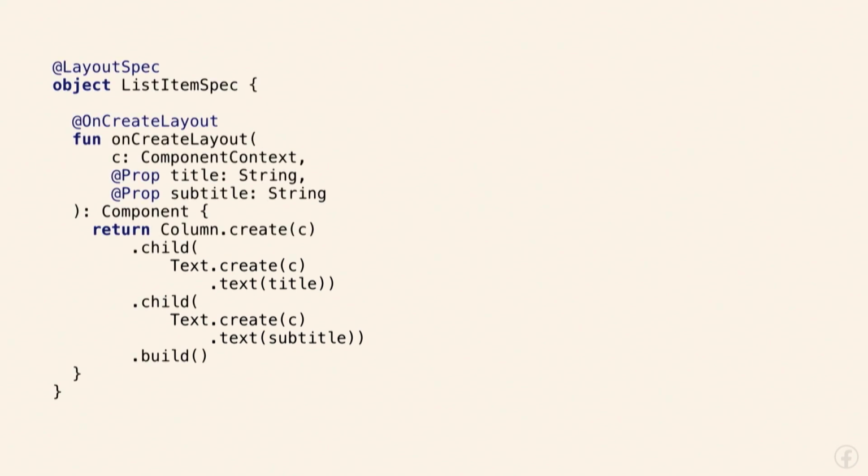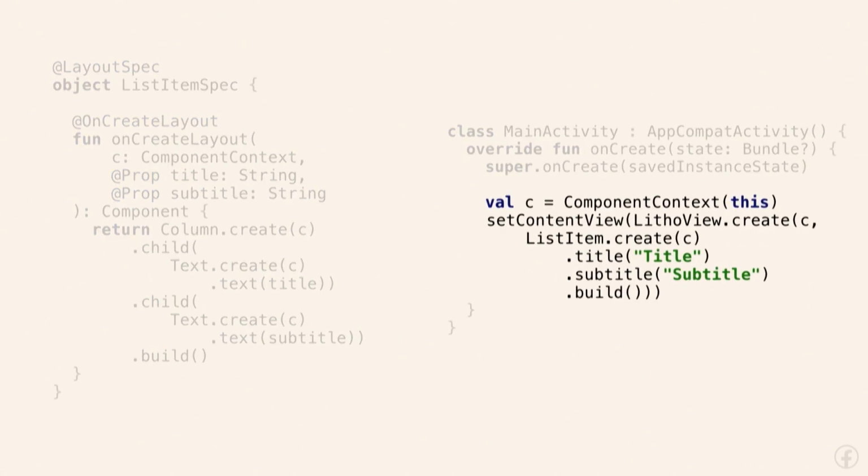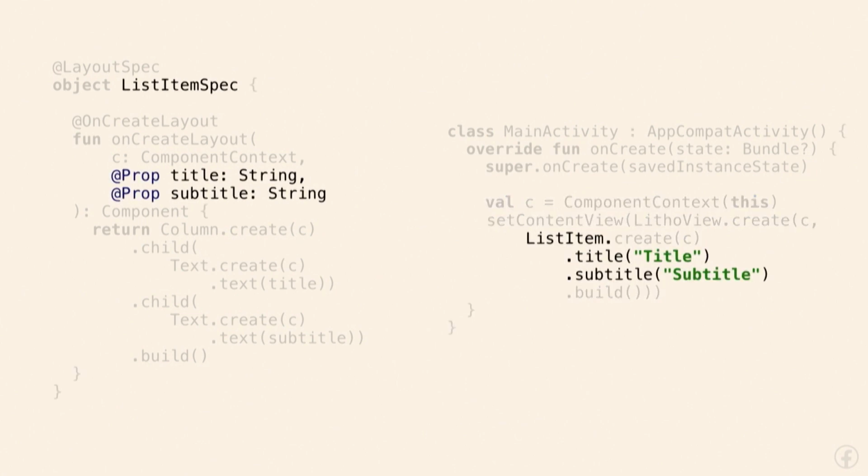And how can this UI be used in our usual Android application? Quite simple. We just create our component context that needs to be passed and create a Litho view. That will be the view responsible for rendering our components to the usual Android canvas. So here we create the component with these props passed down, title and subtitle.